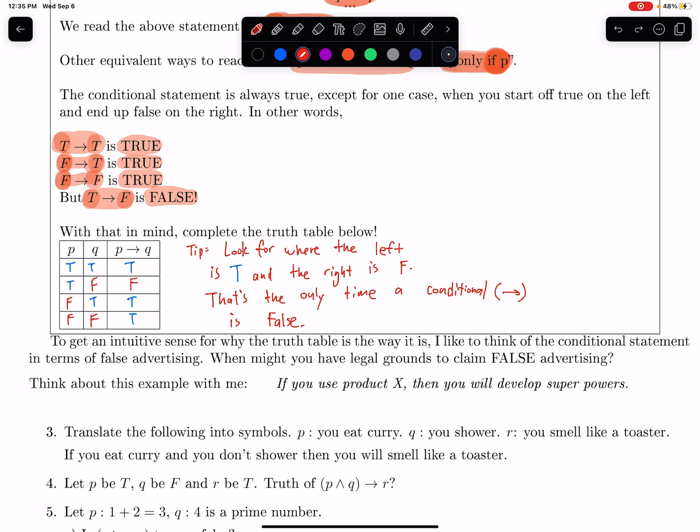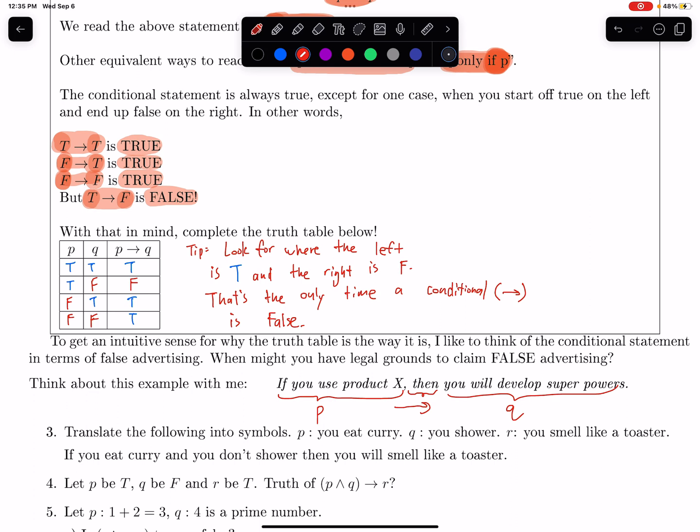Let's say this is the statement: if I use product X, then you will develop superpowers. That's clearly an if-then statement or a conditional statement, right? This is the left side of the statement, the P part. The then part is the arrow. You develop superpowers, that's the Q part. So if I use it, then I develop superpowers.